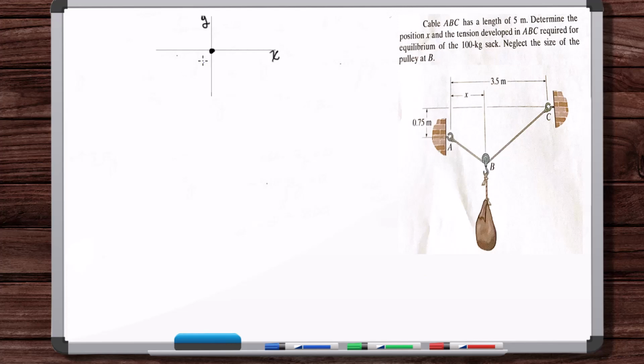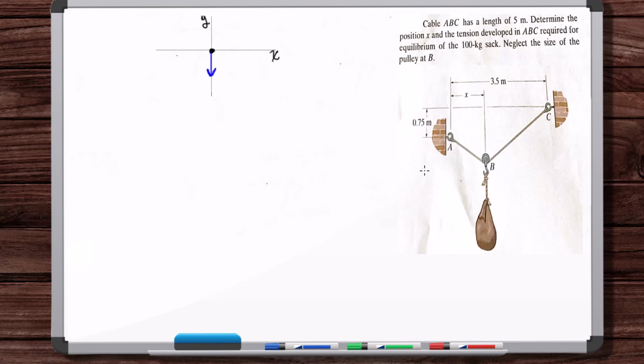So what forces are on this point? You've got a downward force, which is going to be equal to the weight of this sack, right? That's the weight of this sack goes through this rope here into this pulley.